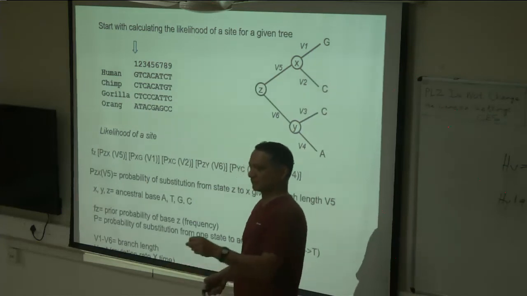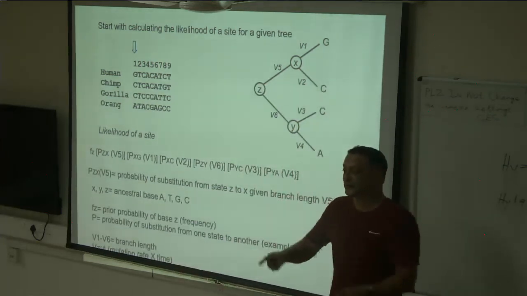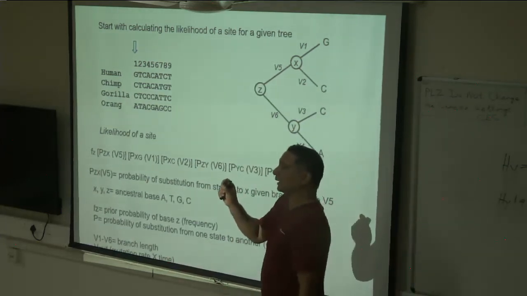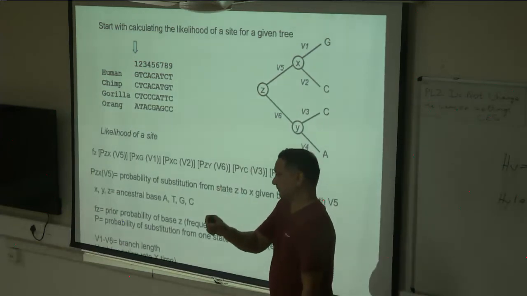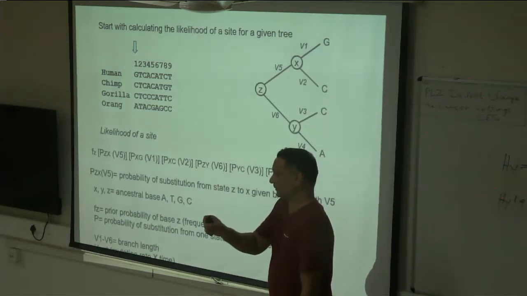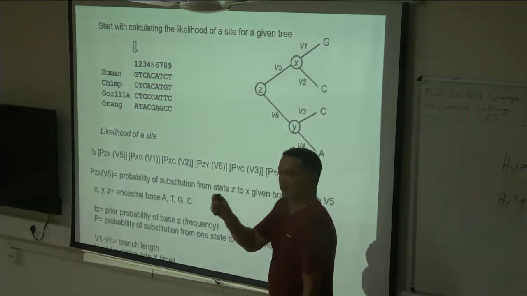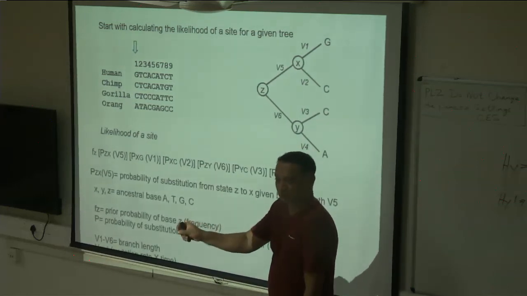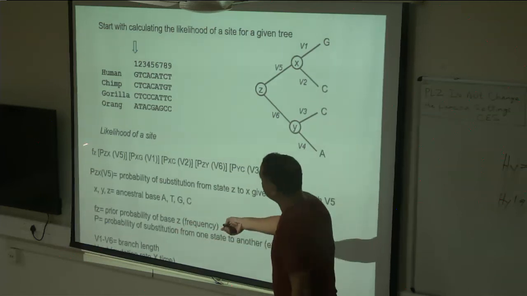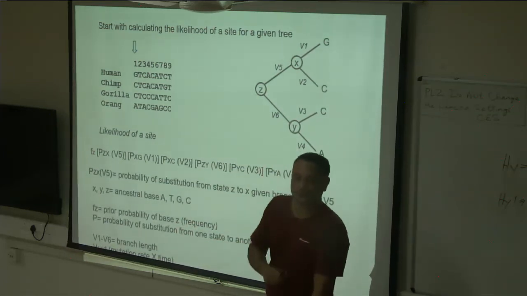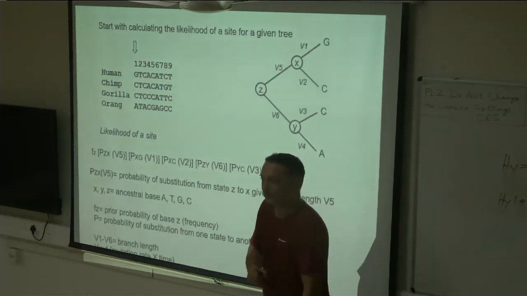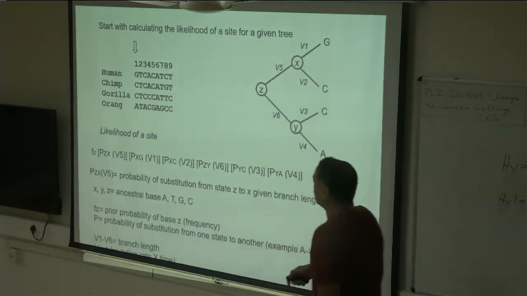This will become clear in a minute. If we assume equilibrium base frequency of 0.25, 0.25, 0.25, and 0.25, then this becomes 0.25. All right.